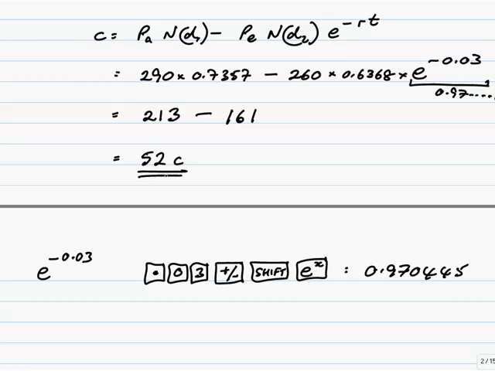Now, I'm sorry that's taken a while, but clearly if you've followed me, when you've done one or two, it gets faster and faster. It is speed on your calculator more than anything. But that is the value of a call option.